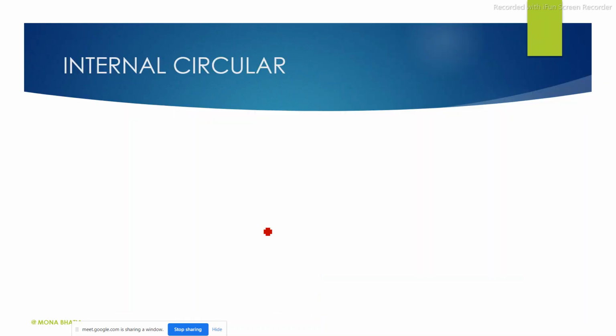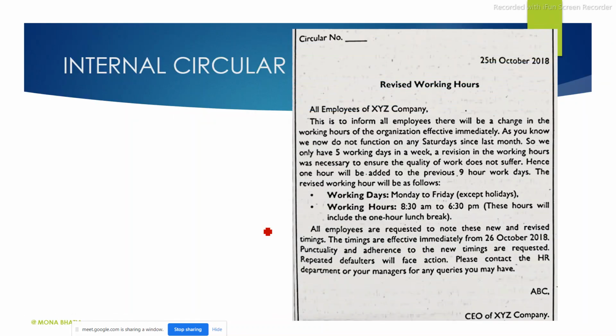I'll show you one circular. This is a circular. So for internal, you will also have to keep the circular number here, because there are so many circulars, every day maybe 3 or 4 or 5 circulars are passed. So you have to keep a tab on that.